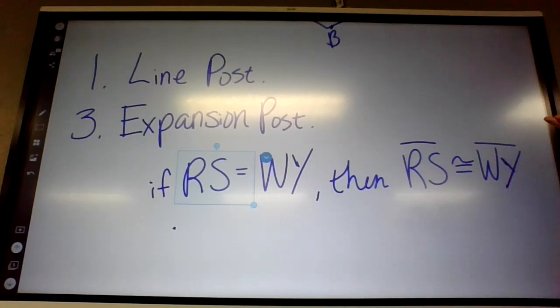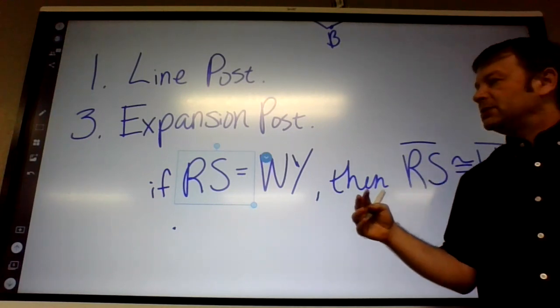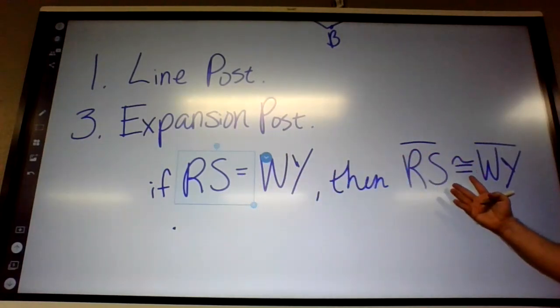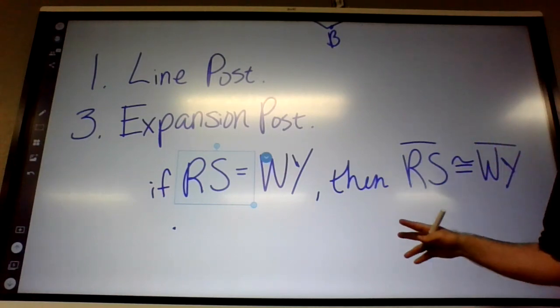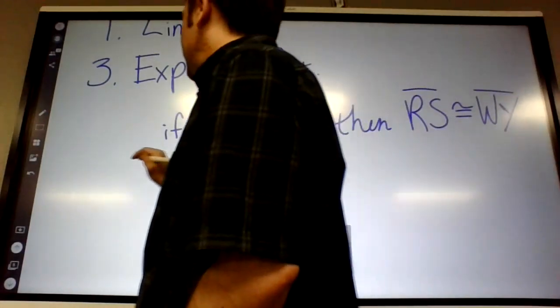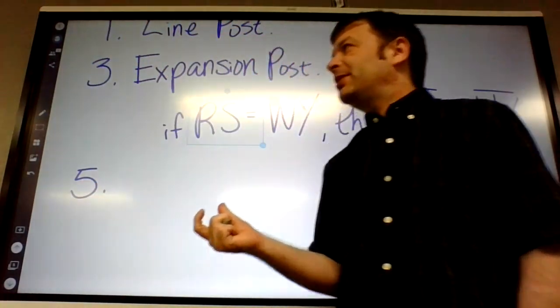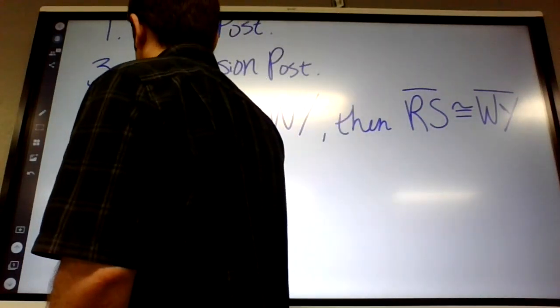So what does congruent mean again? The same. Means the same. So if the lengths of the segments are equal, the segments are congruent. This is the definition of congruent segments. Does that make sense? Yeah. If the segments are equal in length, then they have to be congruent. It's the definition of congruent segments.